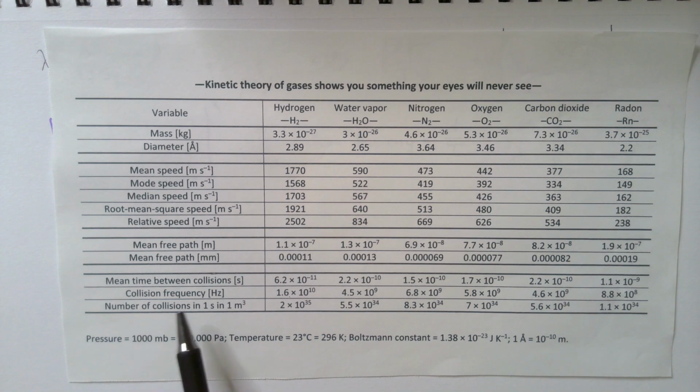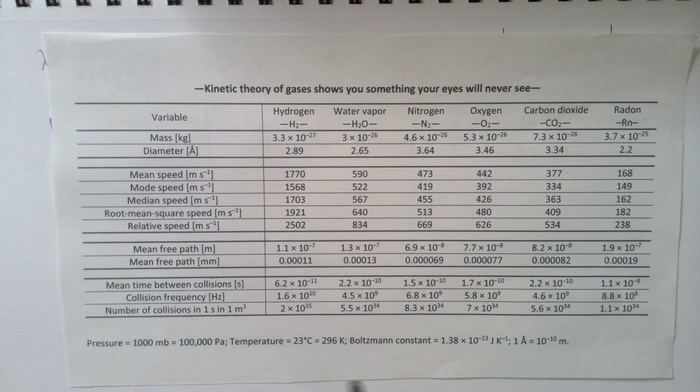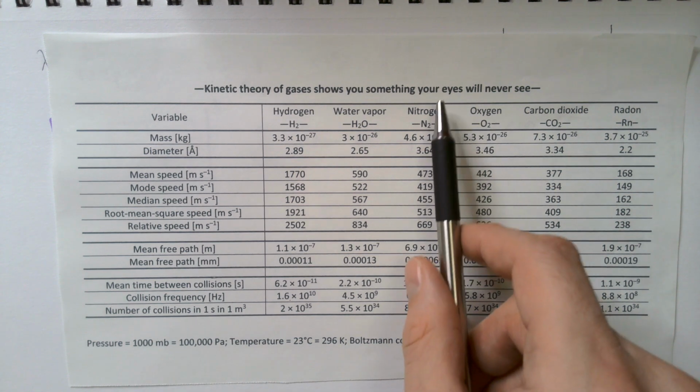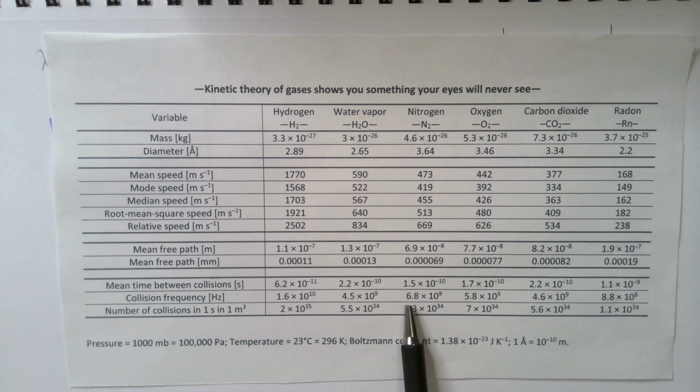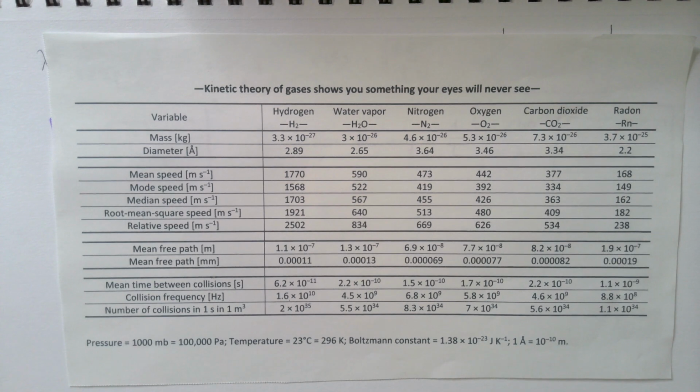It gets even better if we look at the same phenomenon from the point of view of collision frequency, that capital Z that I introduced, in 1 per second or hertz. If we go back to nitrogen, notice that there are of the order of magnitude 10 to the power 9 collisions every second.